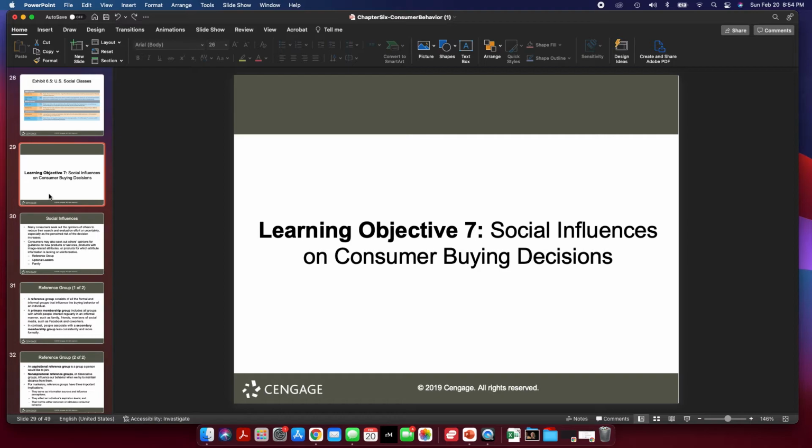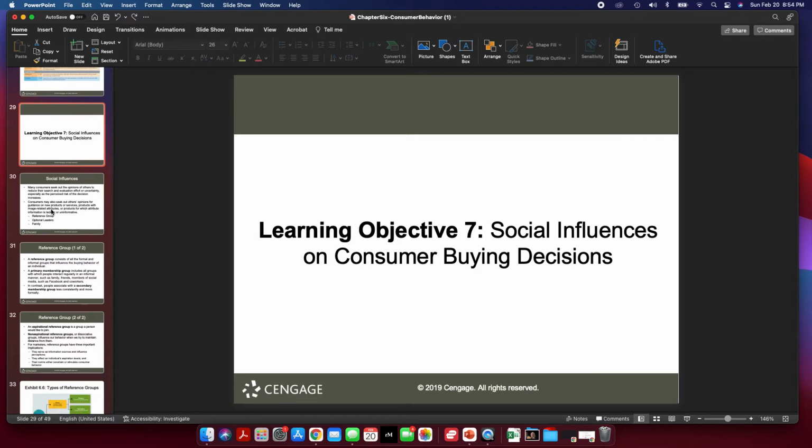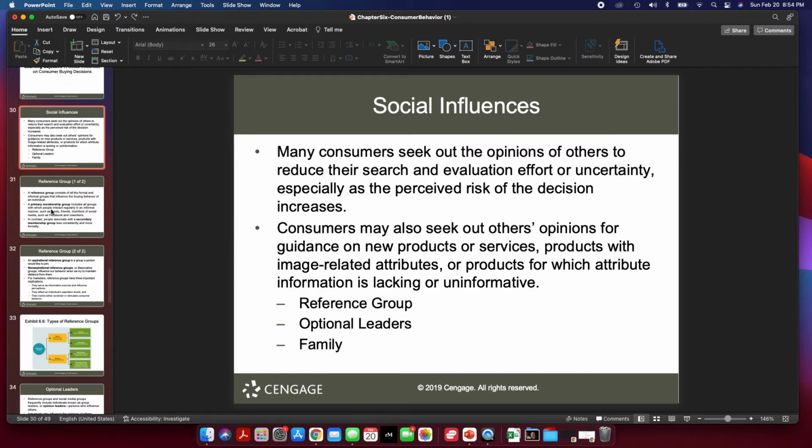Social influences on consumer buying decisions. If we take a look at social influences, right? Maybe consumers seek out the opinions of others. Consumers also seek out others' opinions for guidance on products and services with image-related attributes, or products for which attribute information is lacking or uninformative.